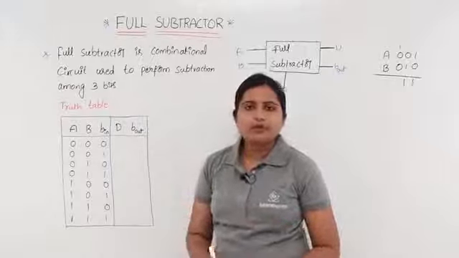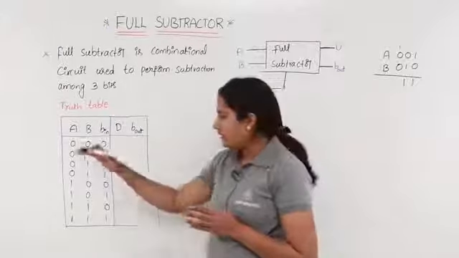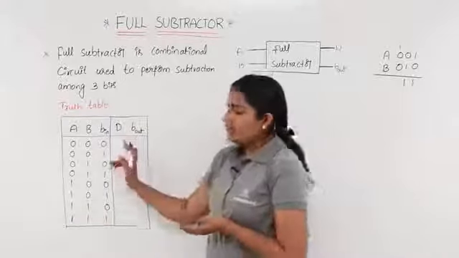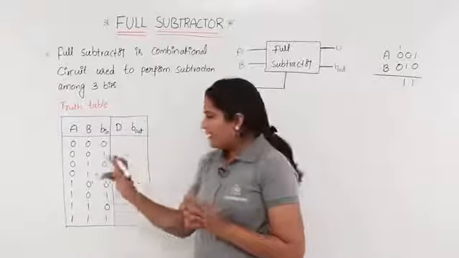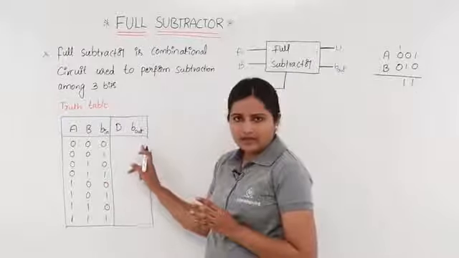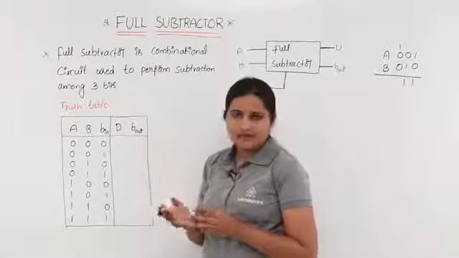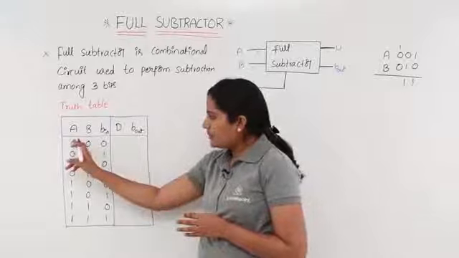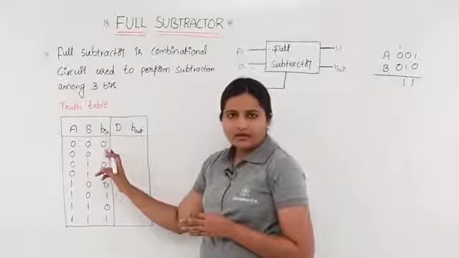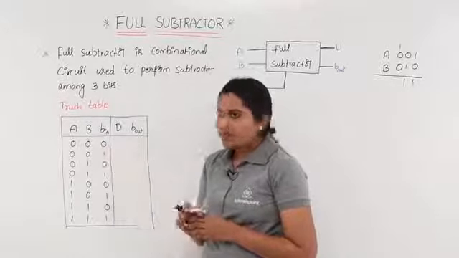Now we need to perform the subtraction operation for each combination. When a borrow occurs in any subtraction, you put borrow 1 in this place, otherwise borrow is 0. Every time you perform A minus B, and after that the result is subtracted with borrow in.